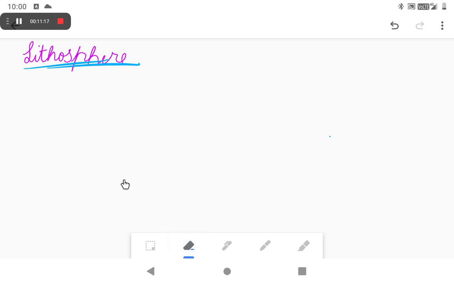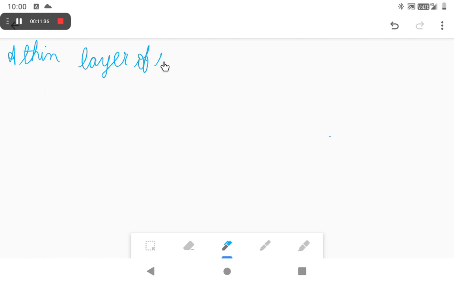Okay, so now we have learned about lithosphere. Now next is atmosphere. Atmosphere is a thin layer of air. What is atmosphere?